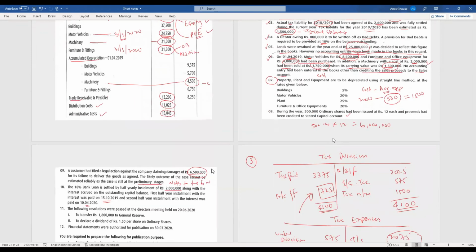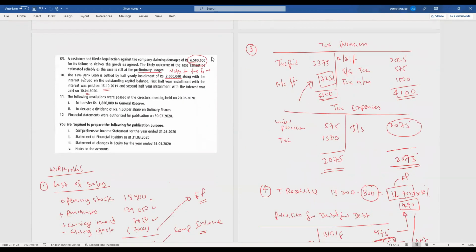It says the 18% bank loan is settled by half-yearly installments of 2 million, along with the interest accrued on the outstanding capital balance.